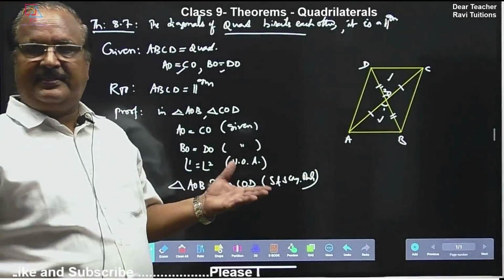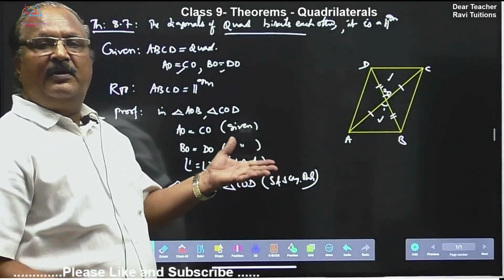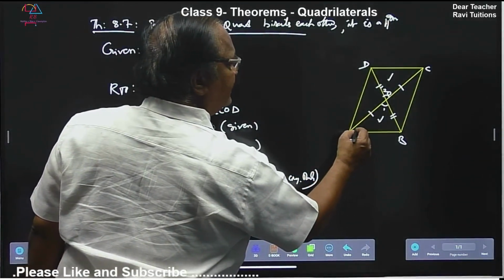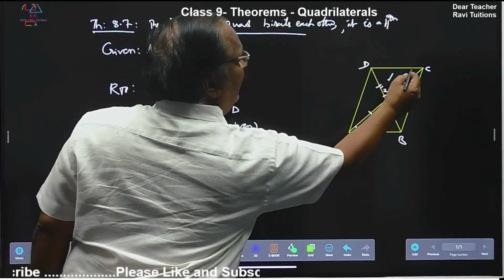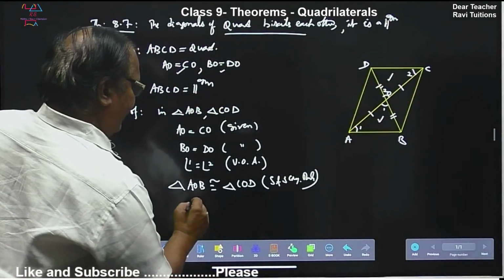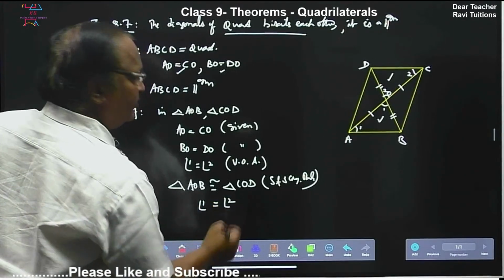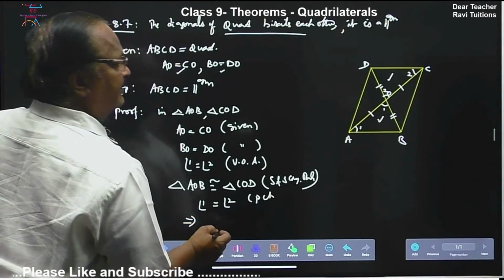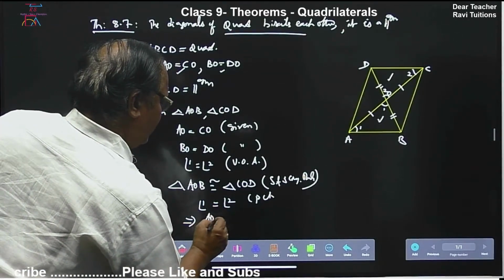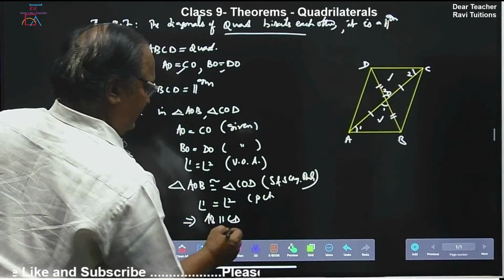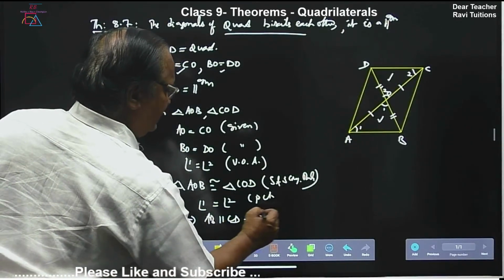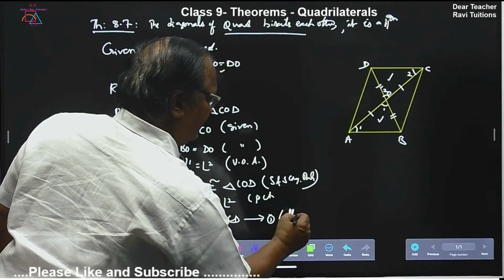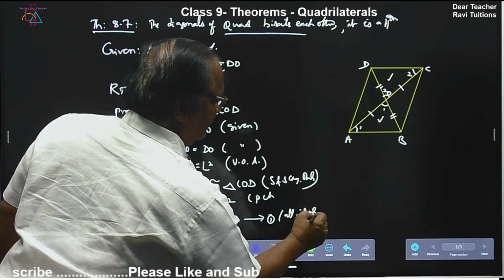Therefore, by CPCT, angle 1 is equal to angle 2, and that implies AB is parallel to CD, because they are alternate interior angles.